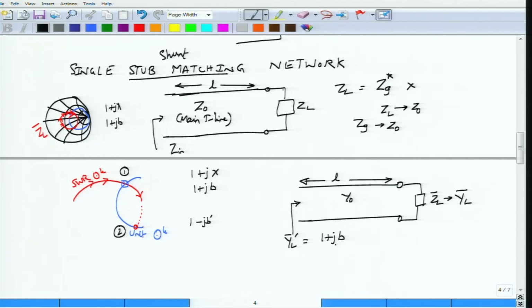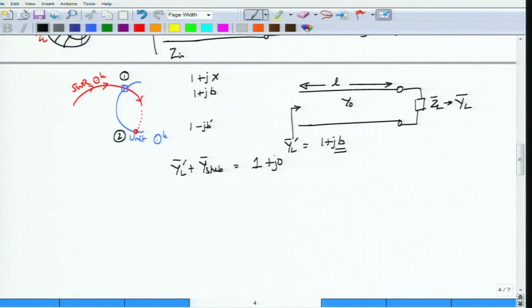Why? Because you now only have to take out this jB. How do I take out this jB? Mathematically, simply add something to this, let us call that the stub admittance, such that the result is 1 plus j0. I already know YL prime, the admittance seen at a distance L, which is the point where the SWR circle meets the unit circle.